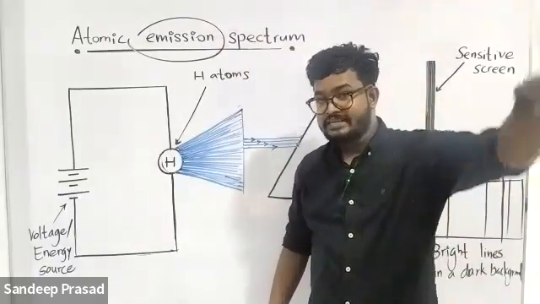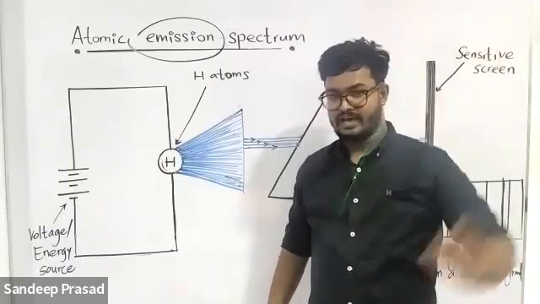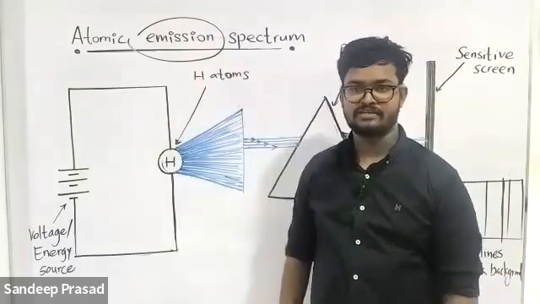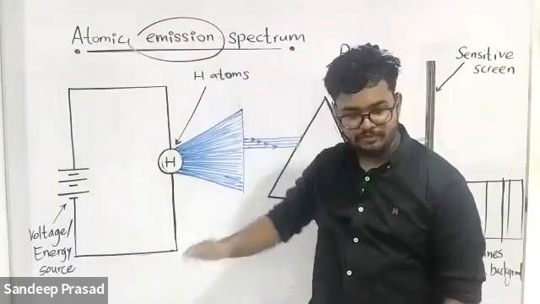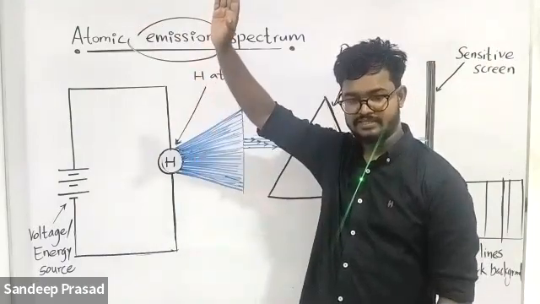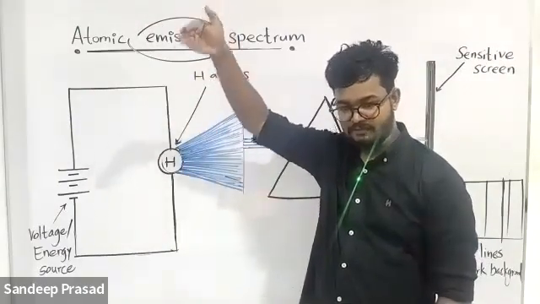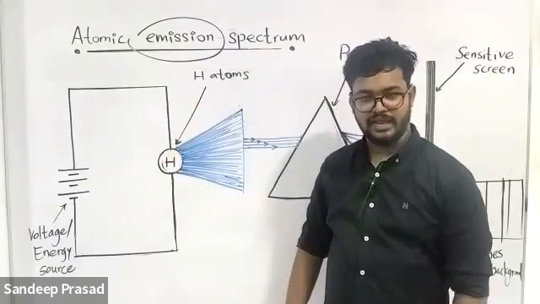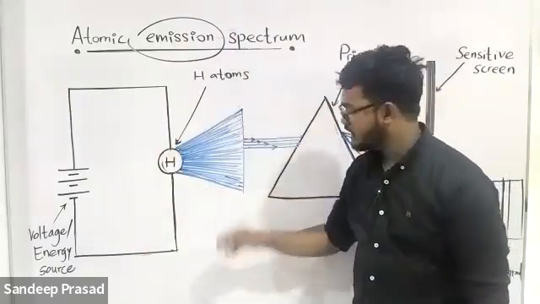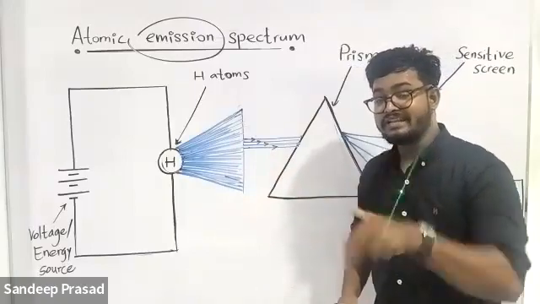But those electrons that went to the high energy levels should come back to the low energy levels again, right? Definitely they have to come back. So when they are coming back to the low energy levels, what will happen? They will release the energy.